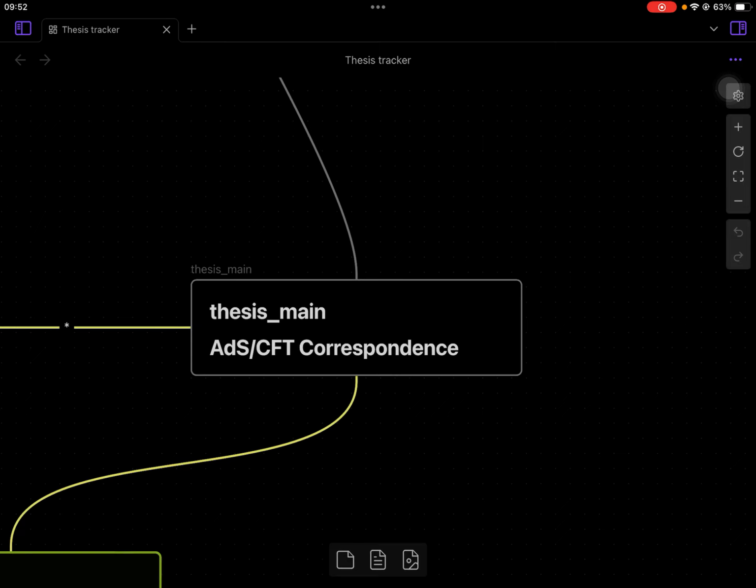So there is this conjecture of correspondence between the theory of gravity in the AdS space-time and a field theory whose symmetries are given by conformal transformations. So a conformal field theory on the boundary of AdS.